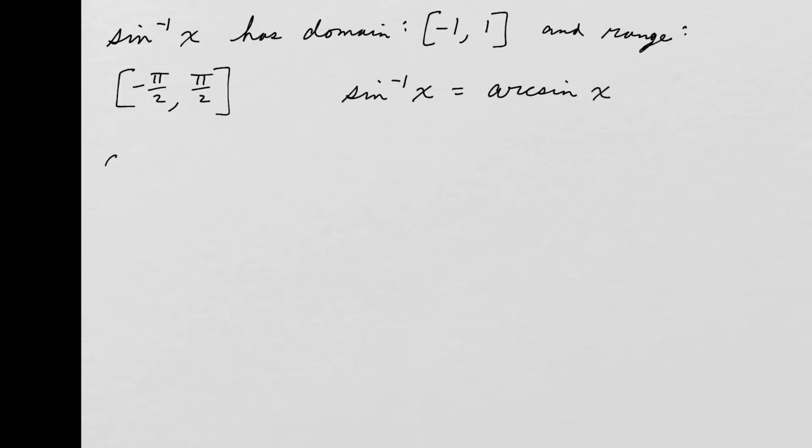Now with cosine, so inverse cosine of x has domain again -1 to 1, right? Remember, -1 to 1 are the possible outputs of the regular sine and cosine functions. So those are going to be the inputs to the inverse functions. Like the -1 to 1 were the ranges of the original functions, so now they're going to be the domains of the inverse function.